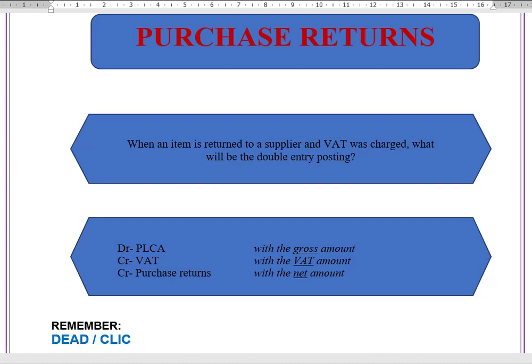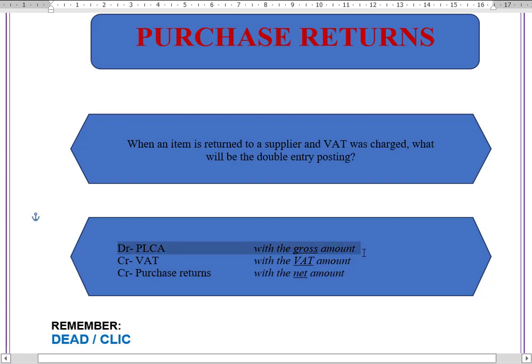The amount I'm owing is a liability. So we're saying reduce the liability by the gross amount of items that you returned to your supplier. Hence, you debit PLCA with the gross amount. You are having a liability there. The liability is reducing. Remember your debt click.